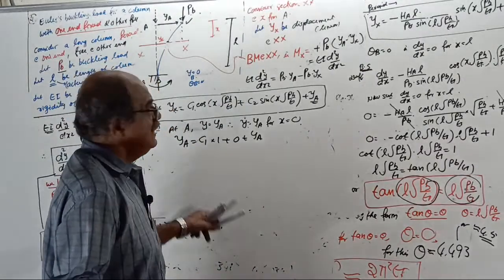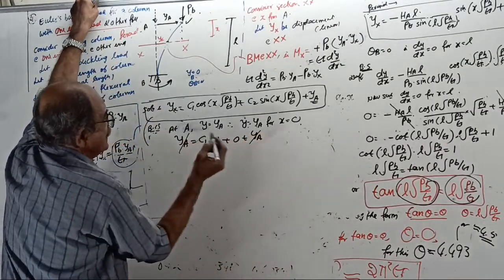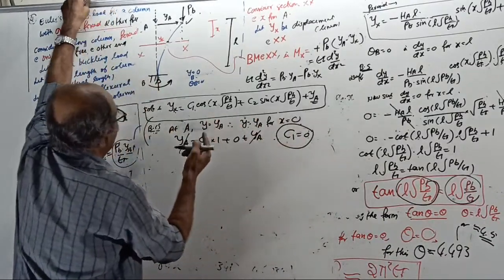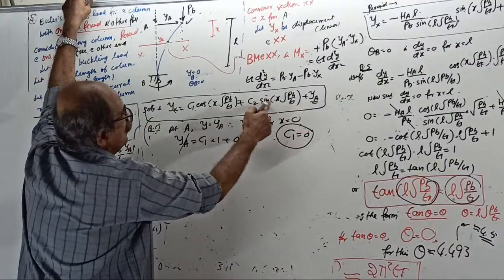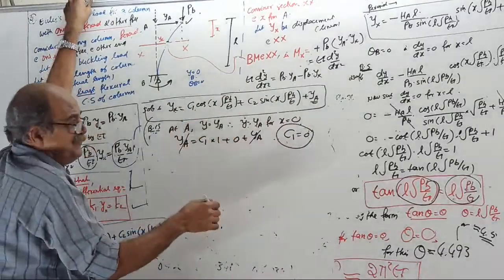Suddenly I realized, no panic, YA cancels, therefore your C1 equal to 0. See, when YX is this equation, when X equal to 0, then YX equal to YA, which means C1 should be 0.